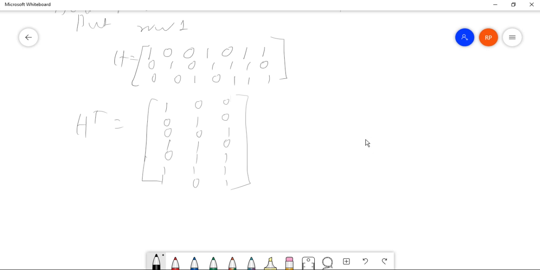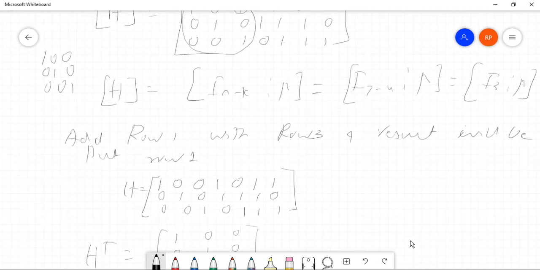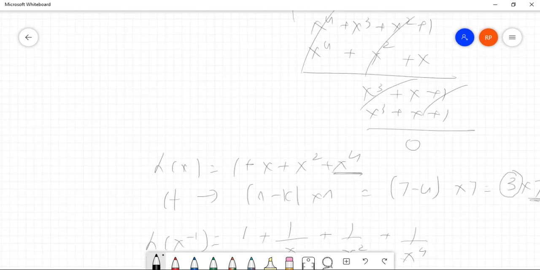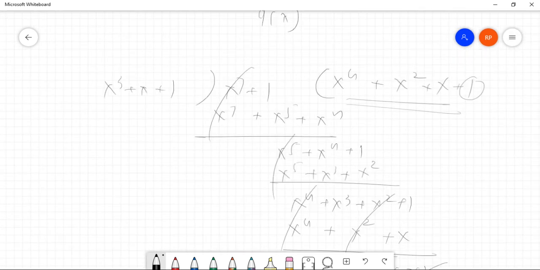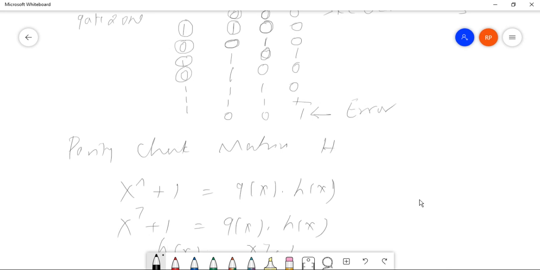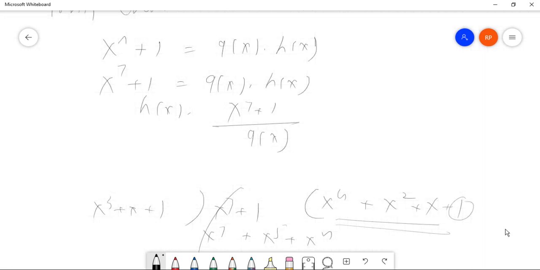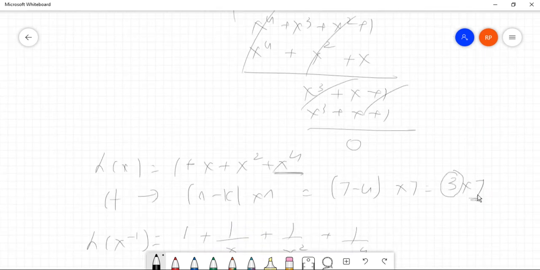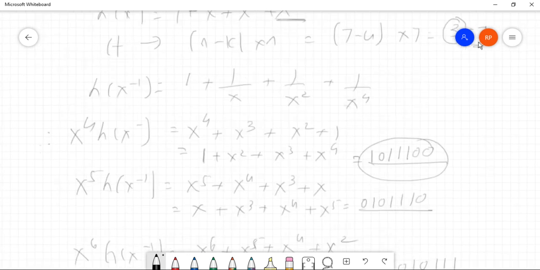Once I have the H transpose matrix, things will be easy. So let us go back to the beginning table that we solved and look at the last row. The last row is 001. So let us check in which row of the H transpose matrix 001 is there.